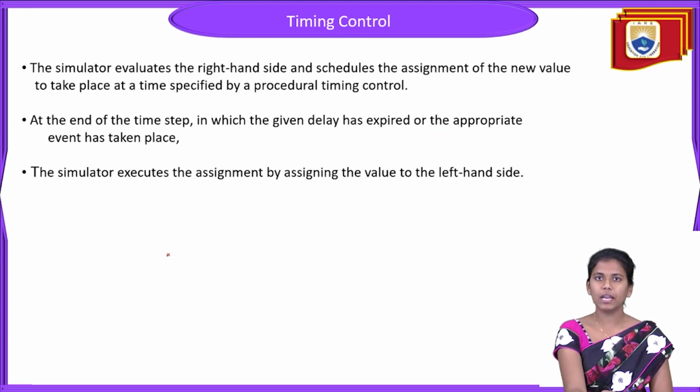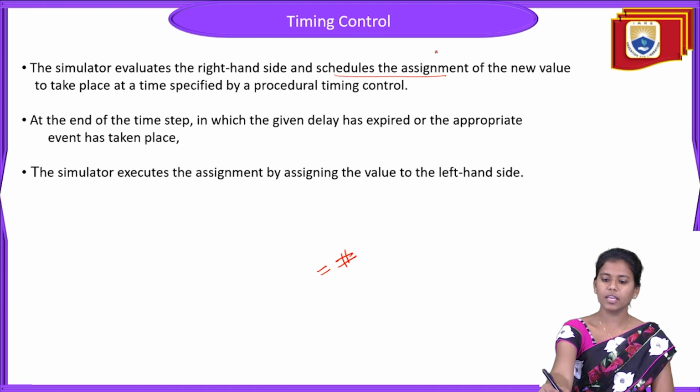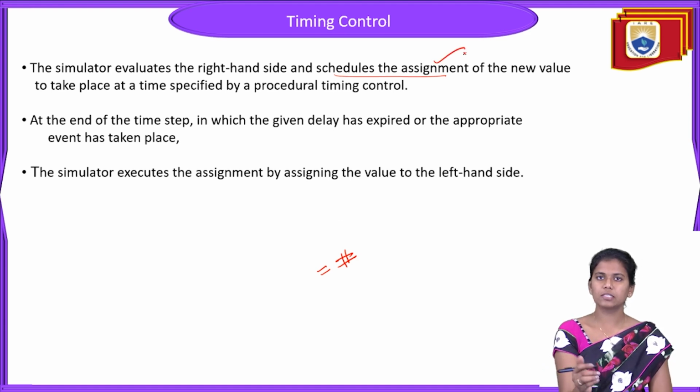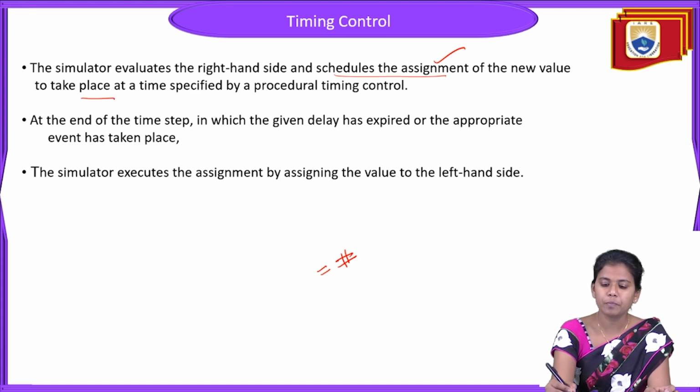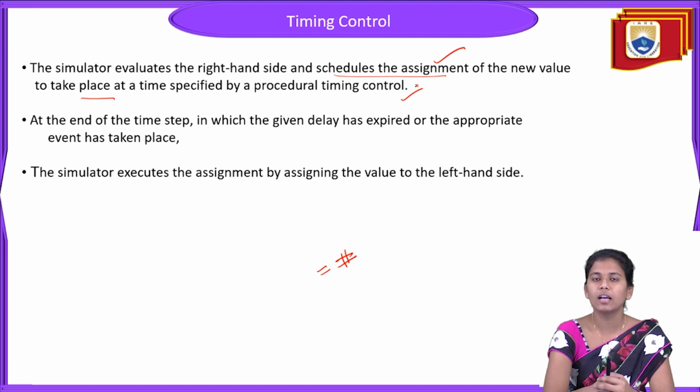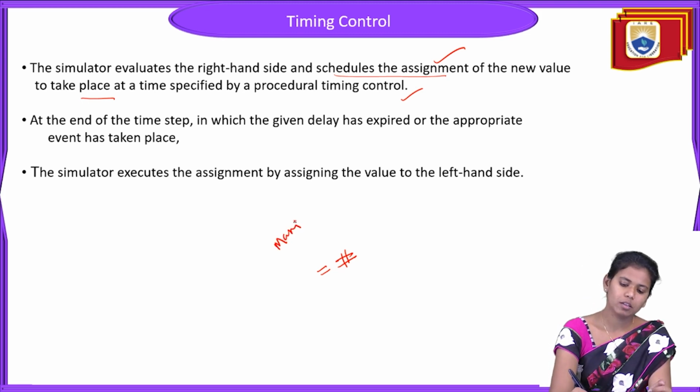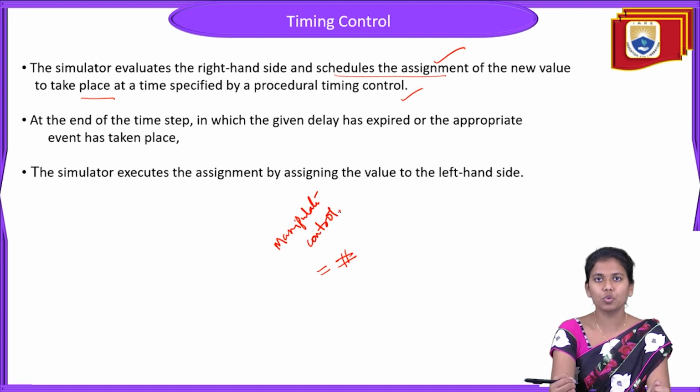So the simulator evaluates the right hand side and schedules the assignment to the new value. Sometimes if you observe a delay, the timing control, on the right hand side, it just schedules the assignment to the new value to take place at a time specified by the procedural timing control. That means, as I said, we can manipulate and control the values that are needed to be dumped onto the variable.